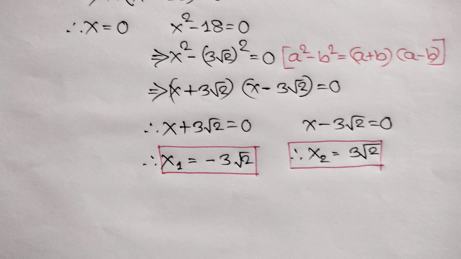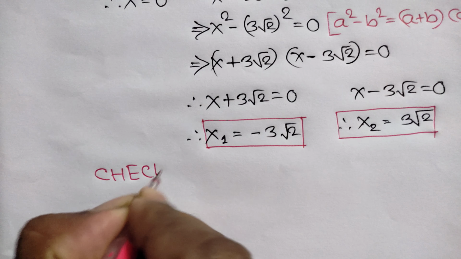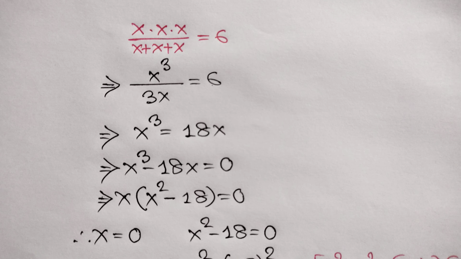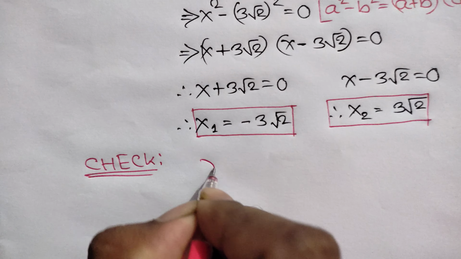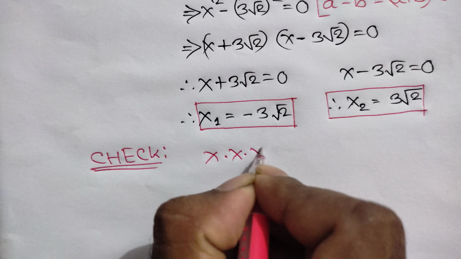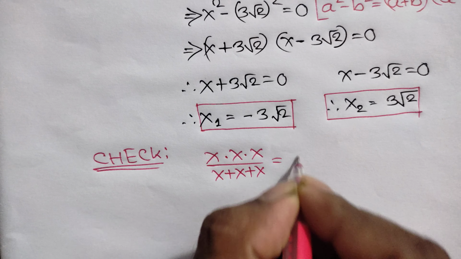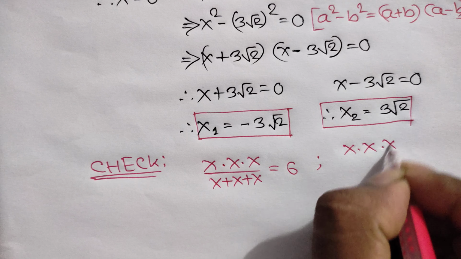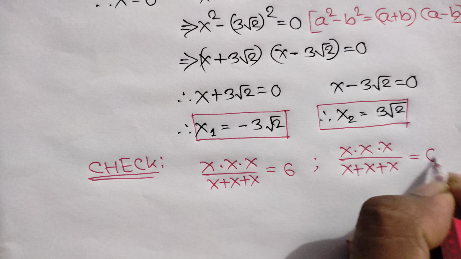Now check. The question has given x times x over x plus x is equal to 6.